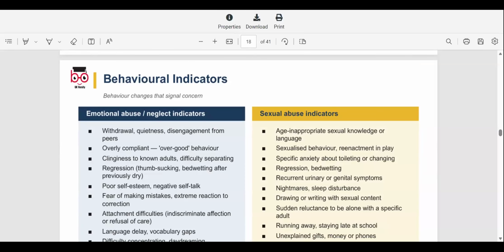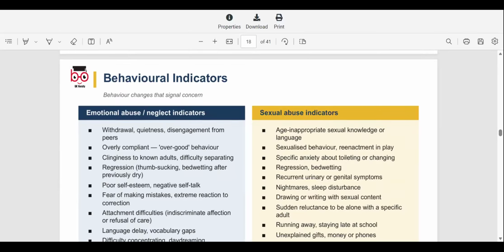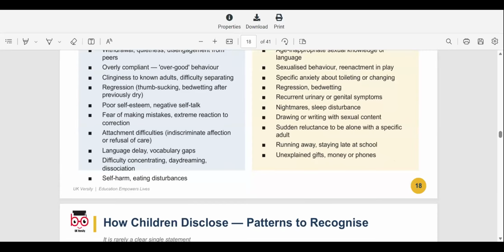Behavioral neglect indicators. So you've got things like emotional neglect, withdrawn, they're quiet, they're really quiet, they shift their mood, they're clingy, they've got poor self-esteem. There are children like that, language delay, self-destructive.